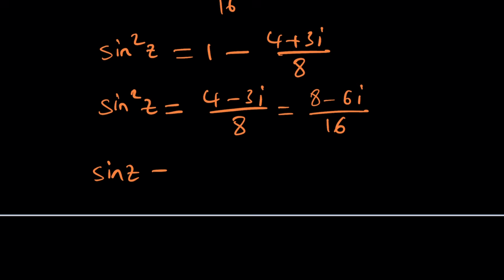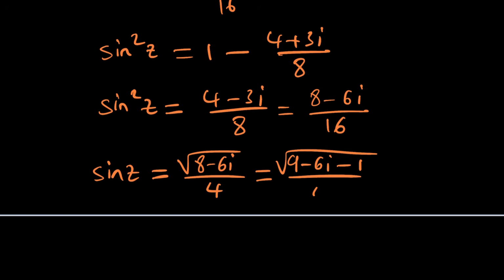Now, I need to square root this, so I need the square root of this number and the square root of 16, which is 4. Now, to find the square root, obviously there are two numbers, but let's just stick to one of them for now. I can write this as 9 minus 6i minus 1.